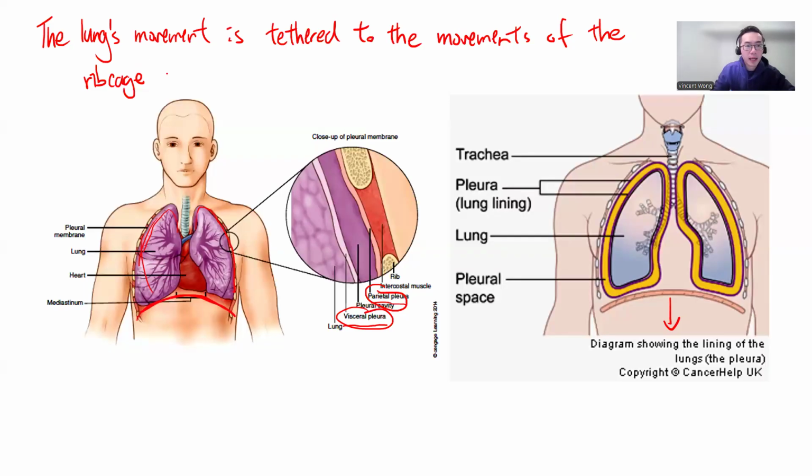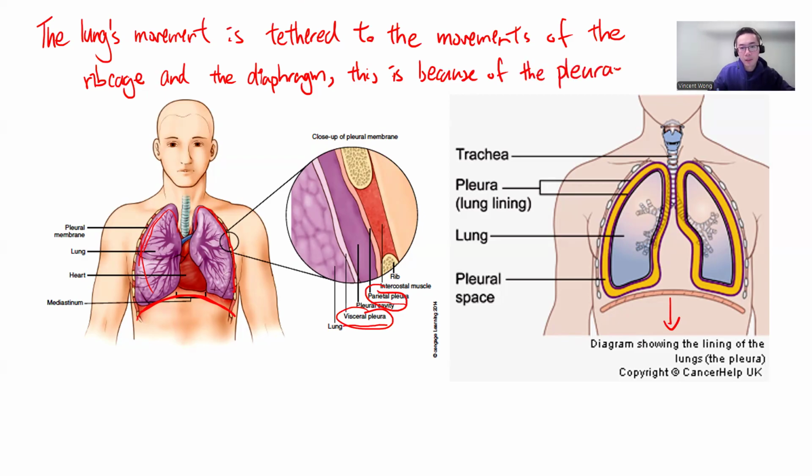It's tethered to the movement of the rib cage and the diaphragm. Okay, they are connected. They're tethered. So whenever the rib cage and diaphragm moves, the lungs will move with it. Okay. This is because of the pleura. Okay. Singular is pleura. The plural would be pleurae with an E at the end. Right?